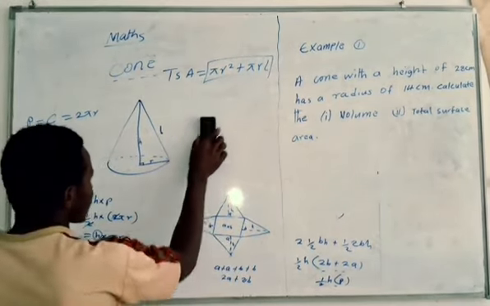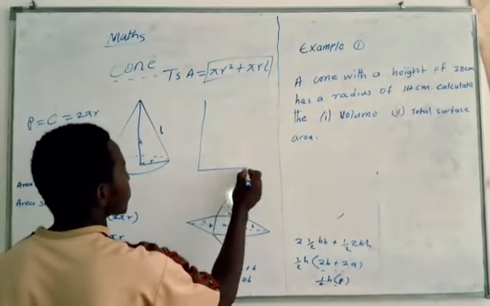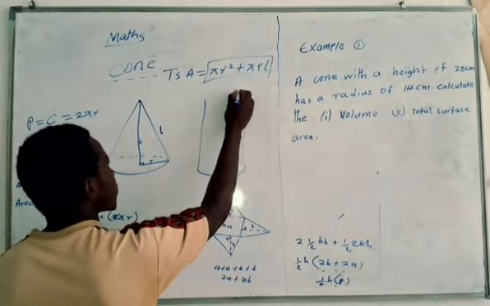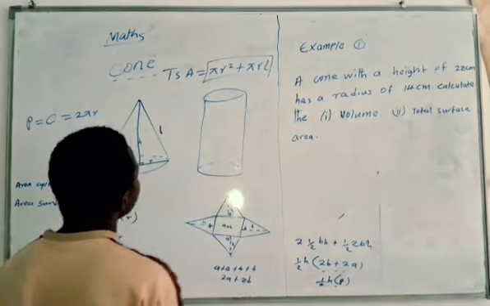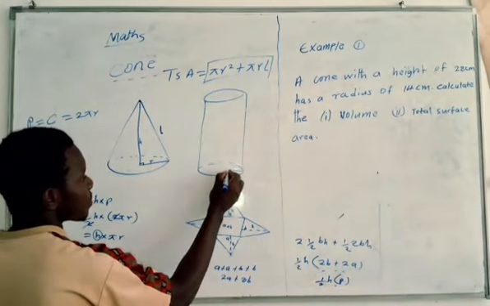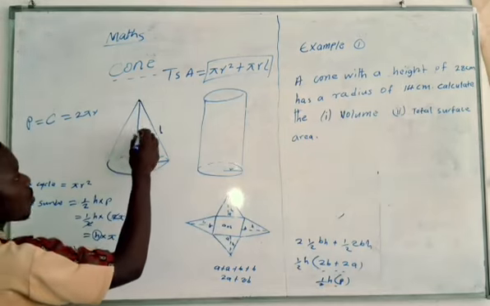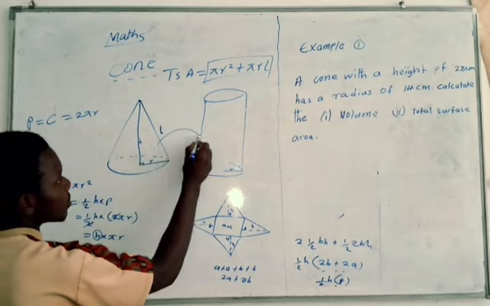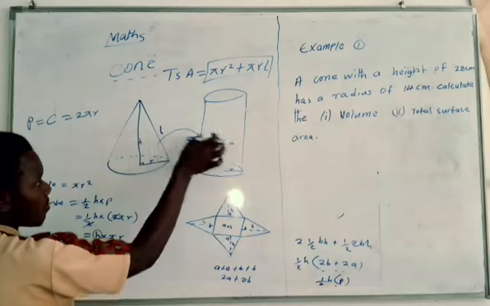Now what about the volume? If you have a cylinder, so let's say this cylinder and this cone have the same radius, and if you fill water inside this cone and then transfer this water into this cylinder, you fill 3 times of this to fill here.